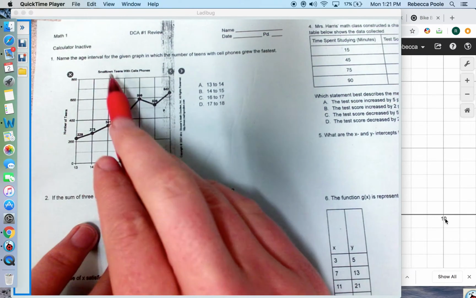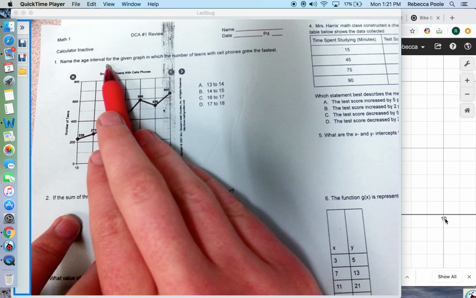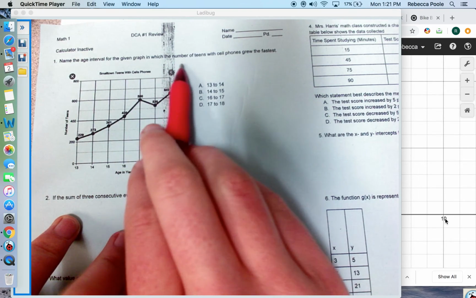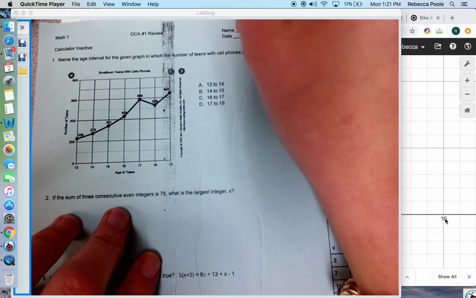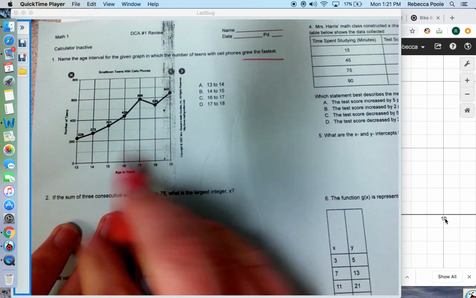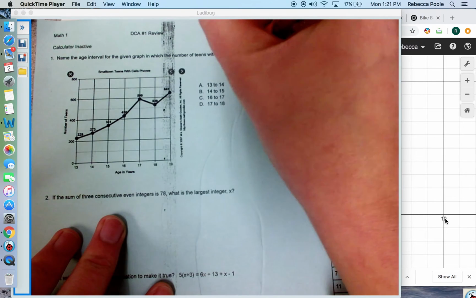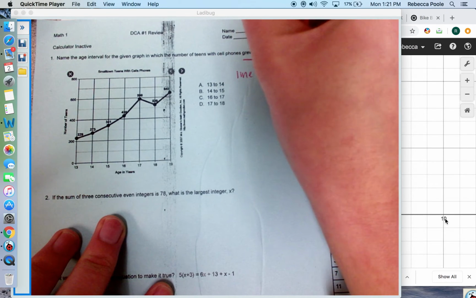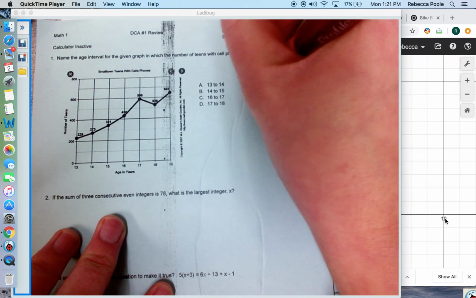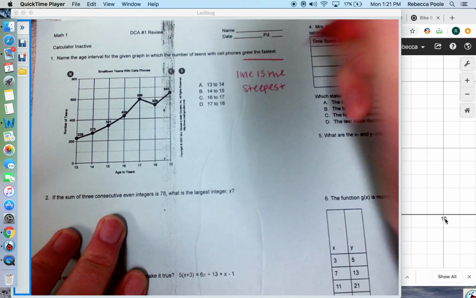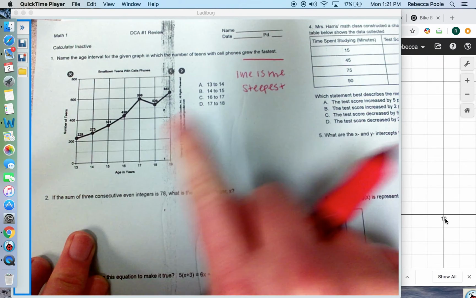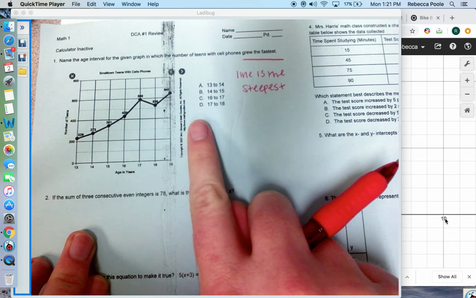So for number 1, they ask us to name the age interval for the graph where the number of teens grew the fastest. Okay, so where this graph grows the fastest is where the line is the steepest. So which part of this line increases the most on its interval?